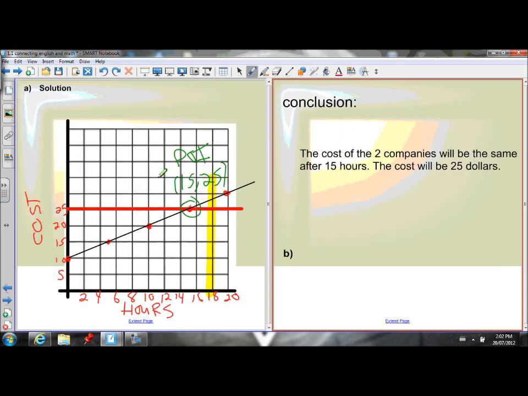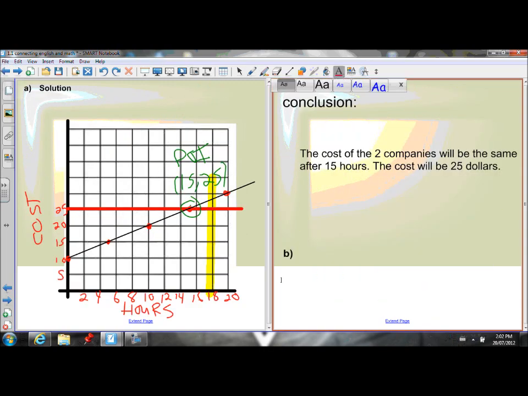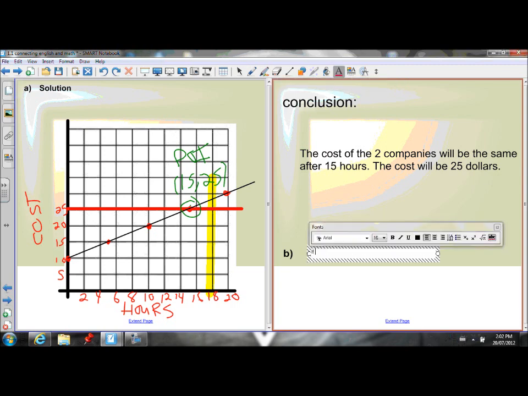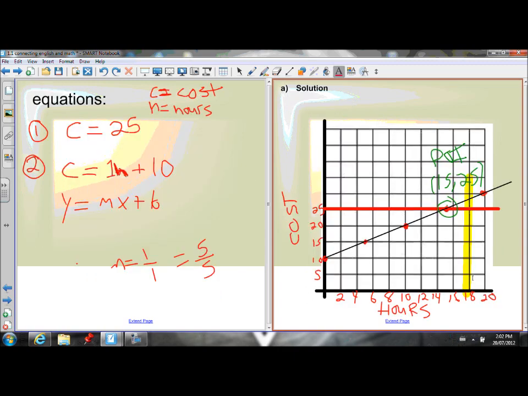Okay, so after 18 hours, if you're using the internet for 18 hours, I would recommend using Internet Plus. It will be cheaper. Okay? So there's our answer for the second one, part B, and I think we're all done, and that's it.